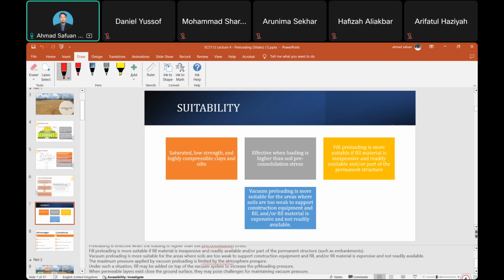So when a permeable layer exists close to the ground surface, it may pose a challenge for maintaining the vacuum preloading.